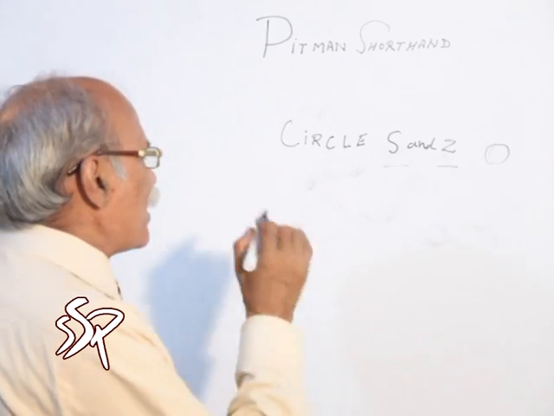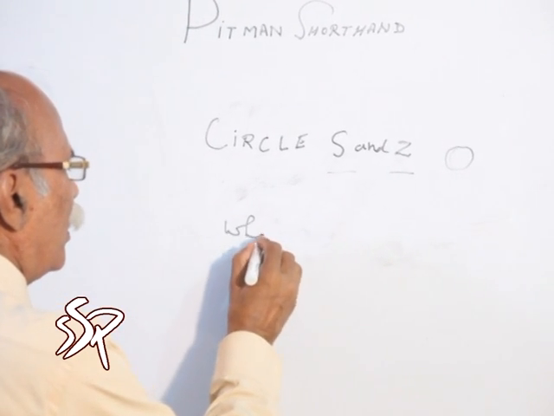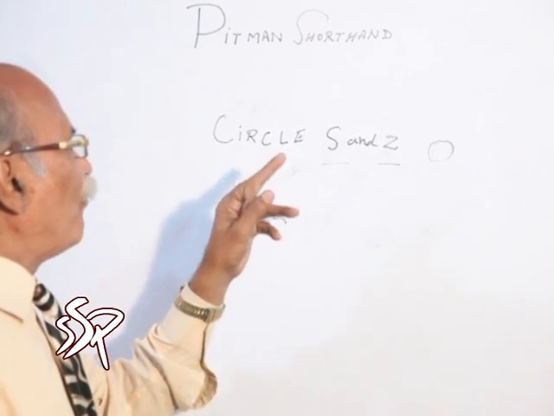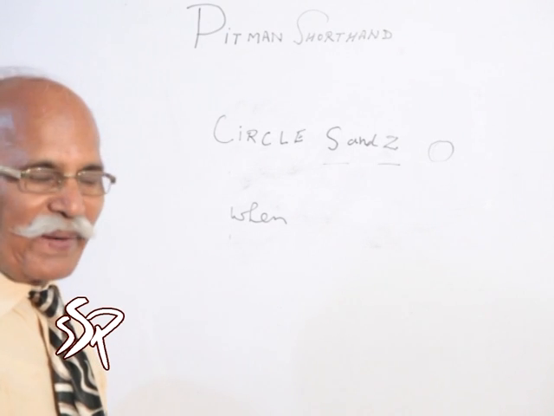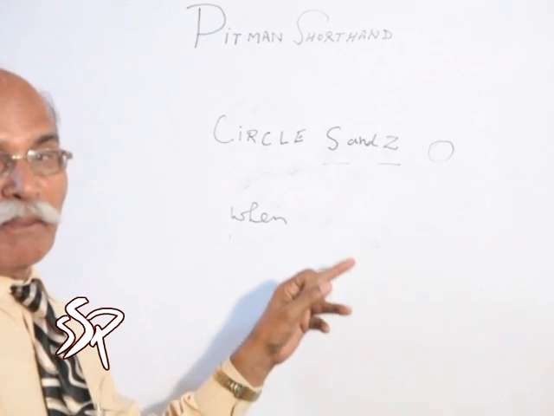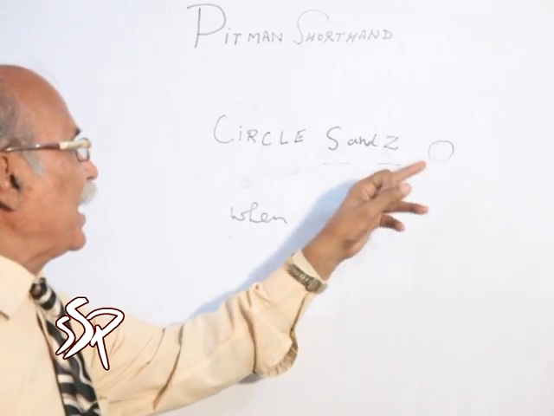Now there are three points. When there is no vowel before S and Z, then the circle is used for S and Z. I am repeating: when there is no vowel before S and Z, the circle is used.